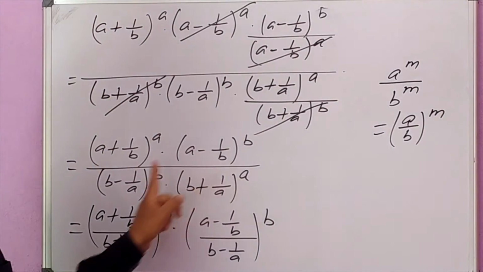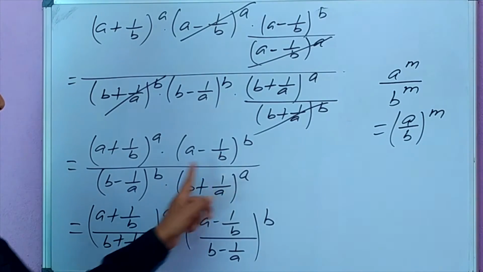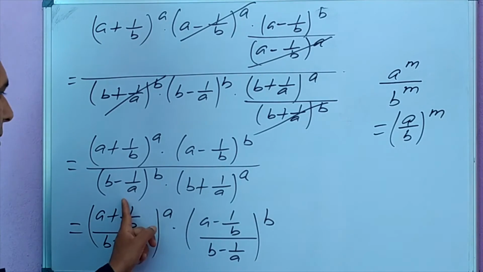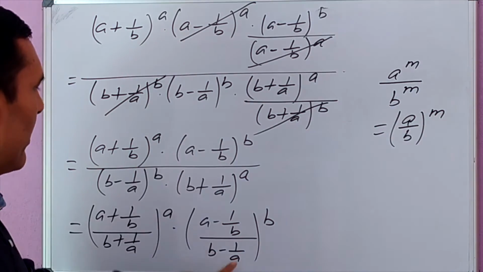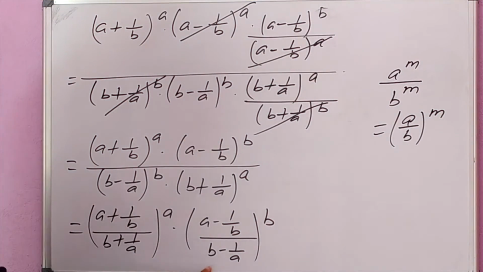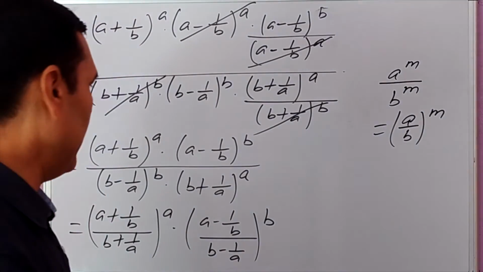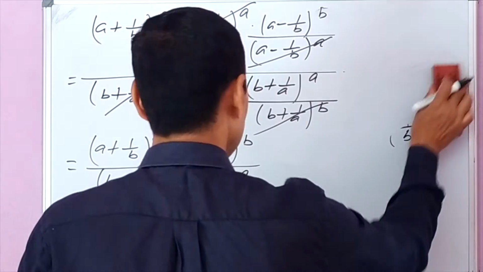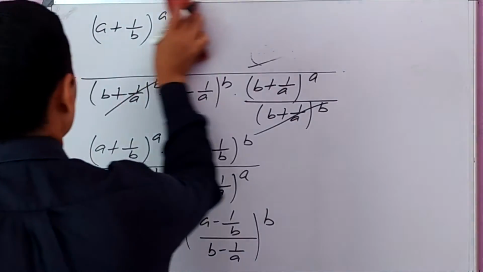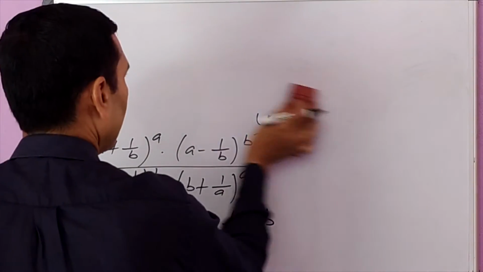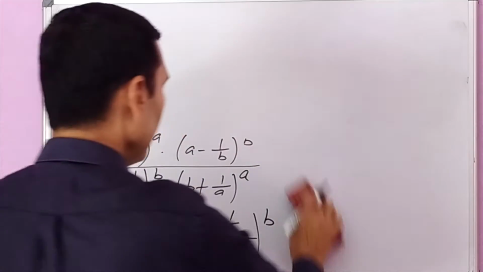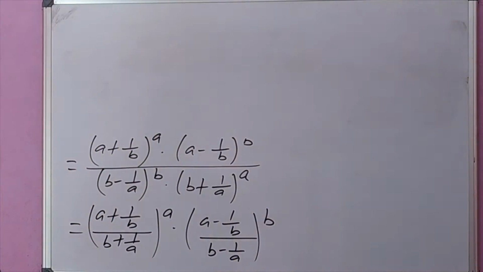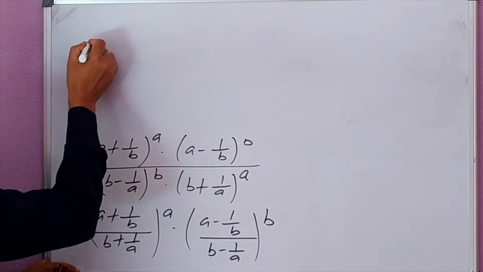Again for this numerator and this denominator, as they have the same power, the single power b can be raised. Now in every bracket we take the LCM, as you did the similar thing in the previous question also. You can do it now.